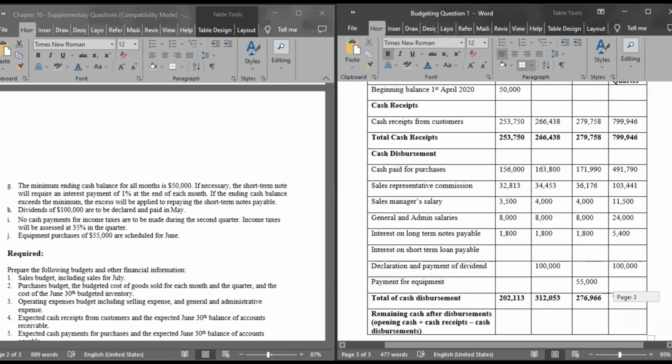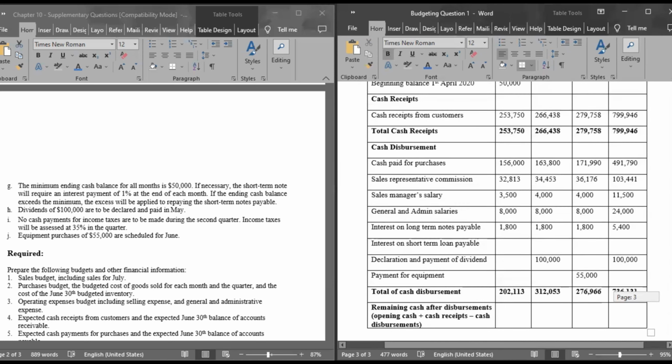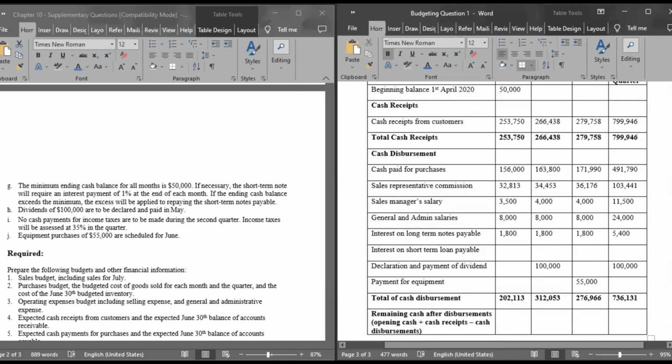We add this to total cash receipts, 253,750, and subtract the total cash disbursements, 202,113. The result is 101,637.